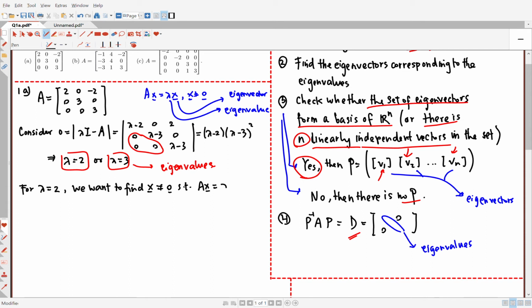Here lambda is 2, so 2x. Or we can also say that (2I minus A)x is equal to 0.